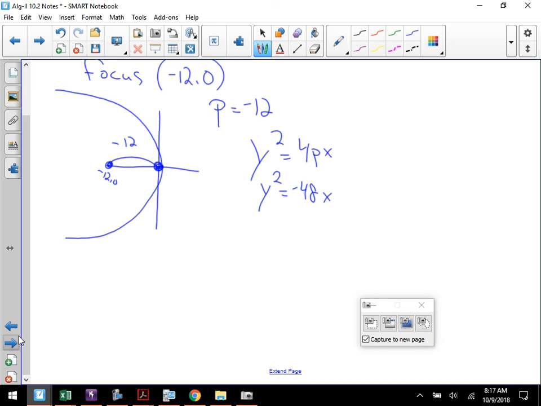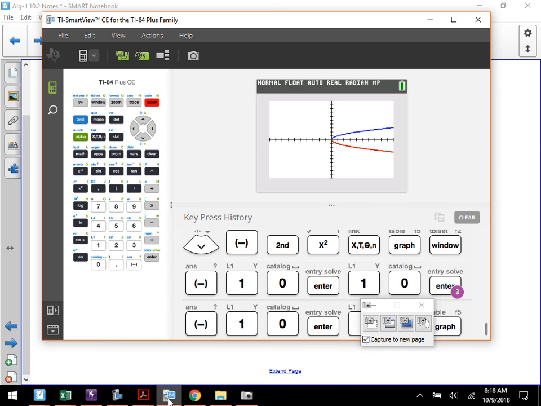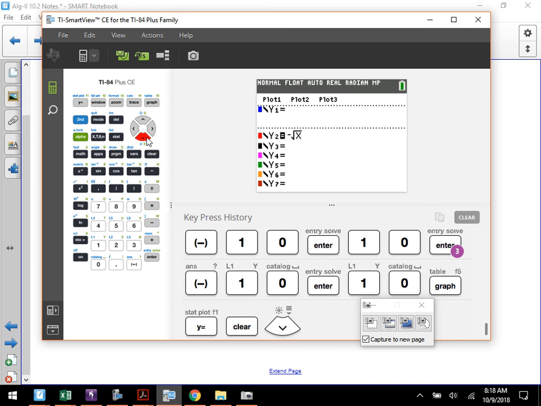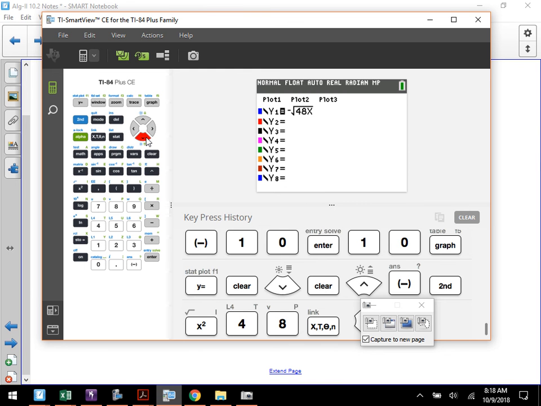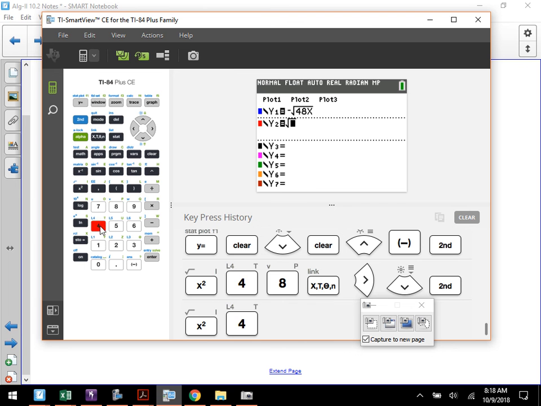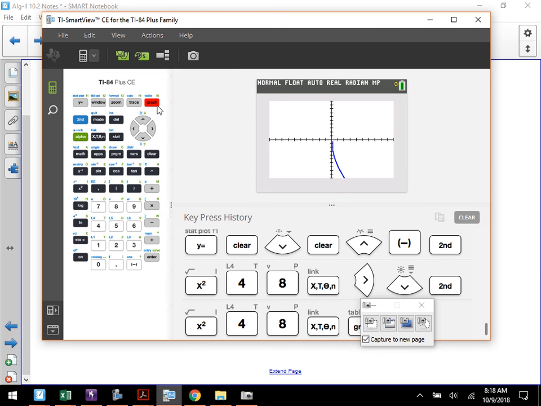Okay. So if I wanted to see what this looked like, back to my x squared stuff here. So y equals negative square root 48x. Oh, I didn't put the 48 in front of it.